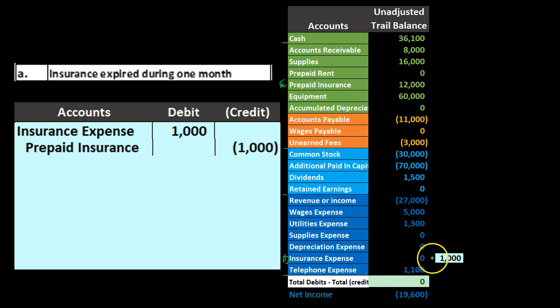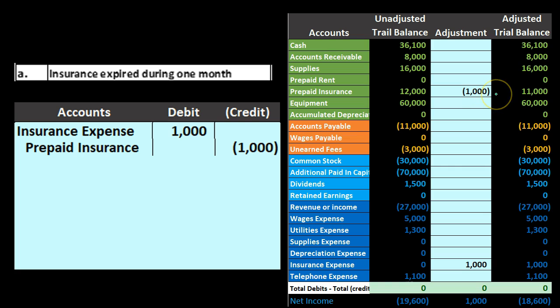We're going to say it's going to go from 0 up in the debit direction to 1,000. And then we're going to post the prepaid insurance. Here's prepaid insurance in our worksheet format. It's going to go down by 1,000 to 11,000, which makes sense because 1,000 times 11 months would be 11,000 left that we're going to depreciate over the next 11 months because it's a year's policy.